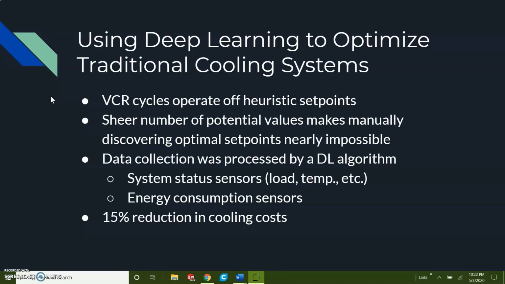These set points are found through estimation or trial and error, and are usually far from ideal. The deep learning algorithm was set to interpret months' worth of data from these sensors, and derive optimal set points for the cooling system, resulting in a 15% reduction in cooling costs, which can be significant for large data centers.